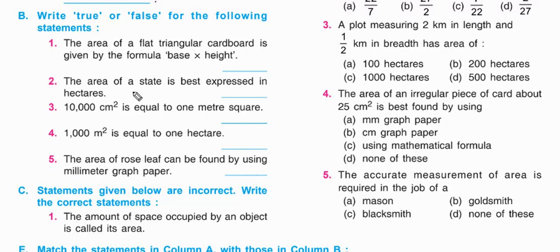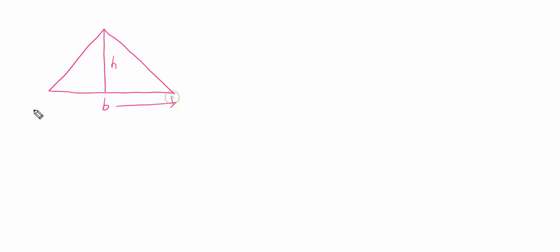Now, true and false. So, beta ji, this question. The area of a flat triangular cardboard is given by the formula base into height. Beta, area of a triangle, let this is the height h and this is the base b. So, beta, area of triangle is given by half base into height.